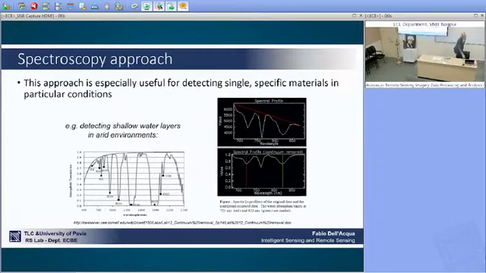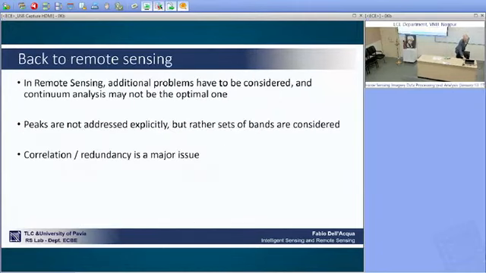When you move to remote sensing, what you are doing in hyperspectral remote sensing is, technically speaking, breaking down the spectral response in much smaller chunks.